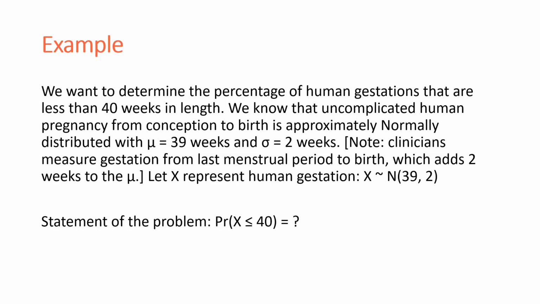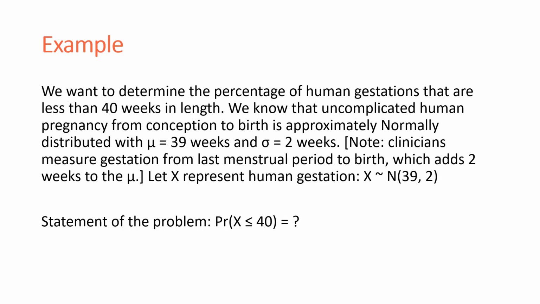Here is an example to demonstrate how to calculate a normal probability. So we want to determine the percentage of human gestations that are less than 40 weeks in length. We know that uncomplicated human pregnancy from conception to birth is approximately normally distributed with mu equal to 39 weeks and sigma equal to 2 weeks.